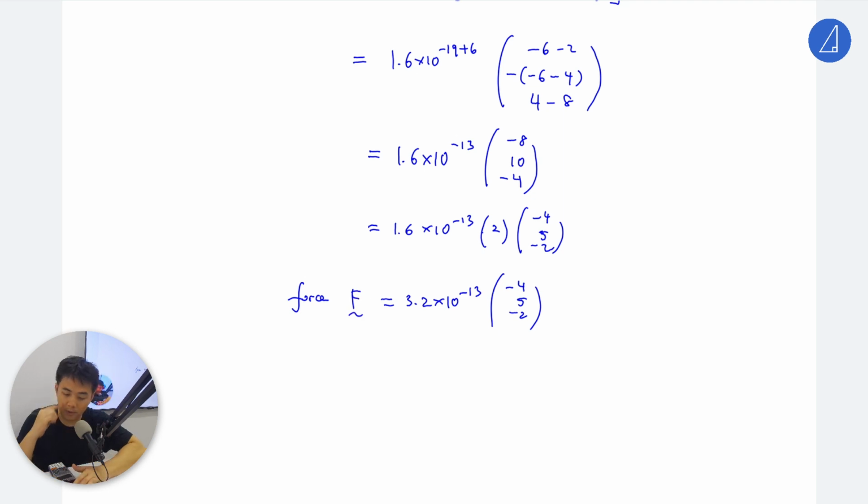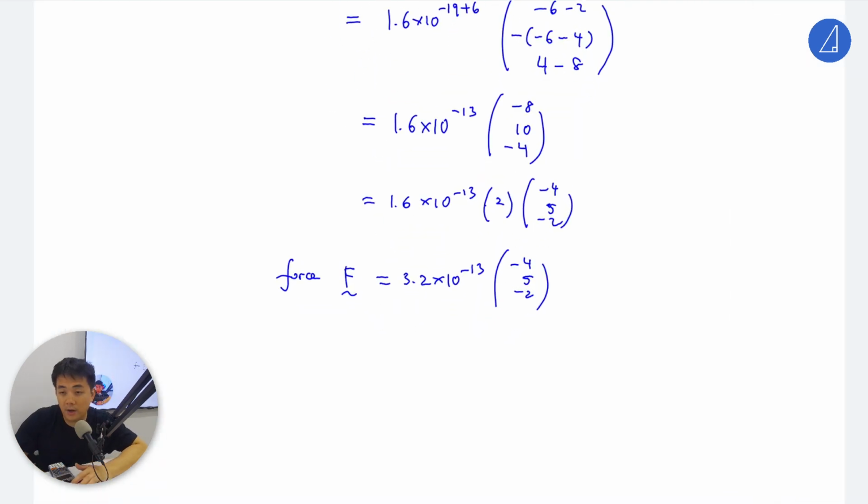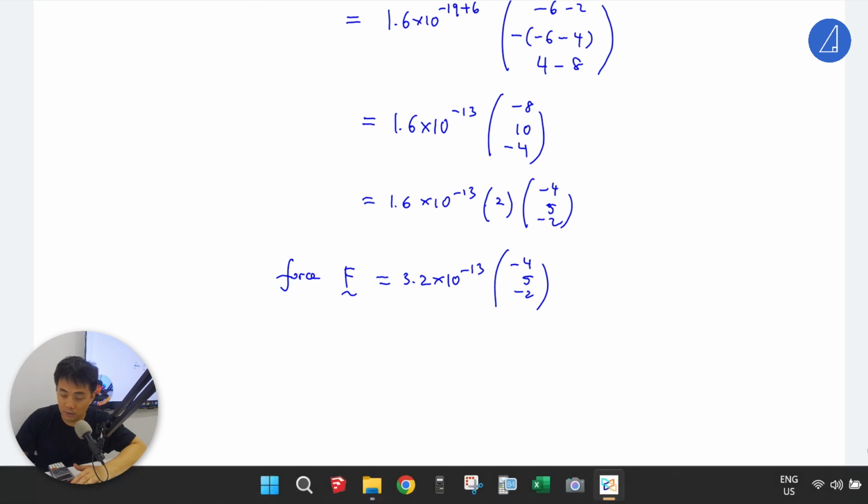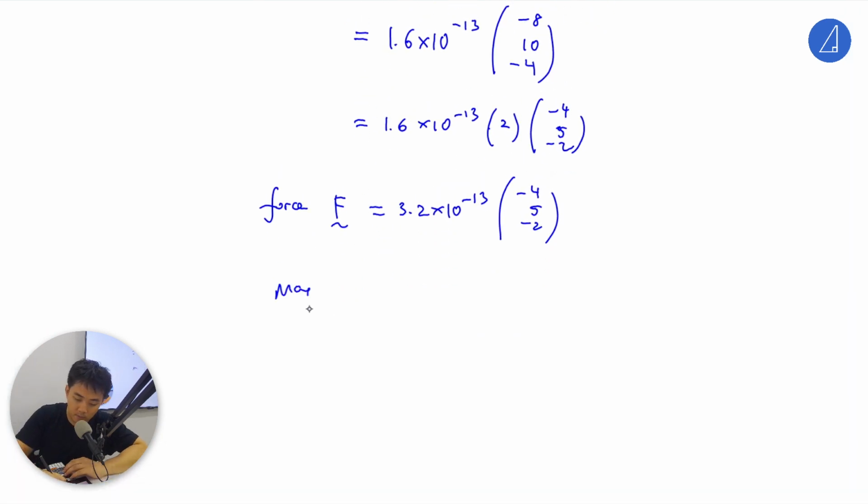Or you want the magnitude. The magnitude of the force, modulus F, will be, I'm just going to take the modulus of 3.2 times 10 to the minus 13, mod the whole thing.